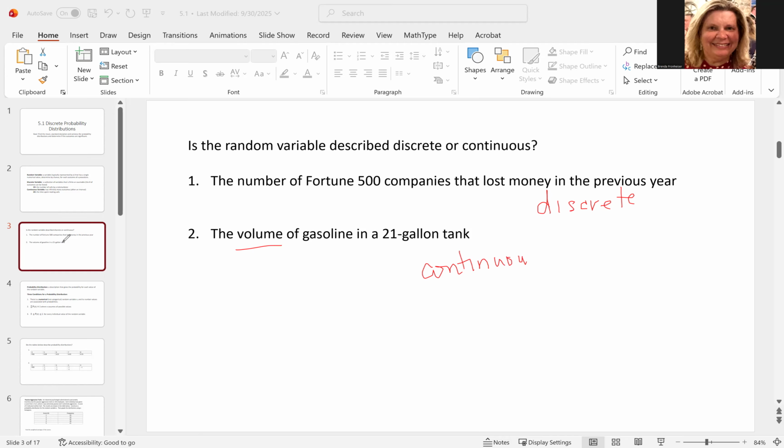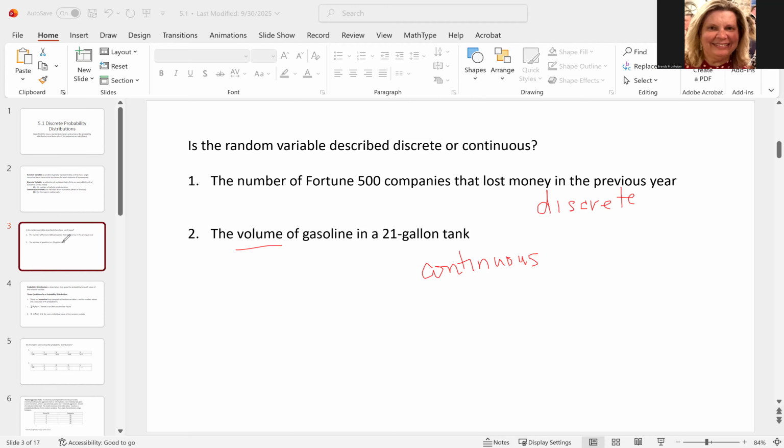So for probability, we might ask: what's the probability that more than 300 Fortune 500 companies lost money? That's a discrete probability. Whereas a continuous variable probability is: what's the probability that any randomly selected car in the parking lot has less than 10 gallons of gas in its tank?